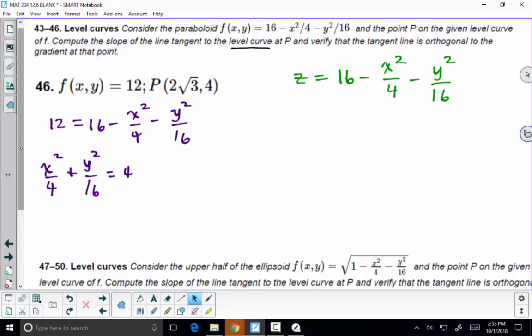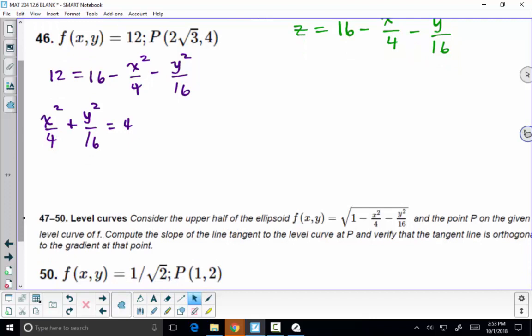So dy dx is equal to negative f sub x over f sub y. We can do that. So let's do it.